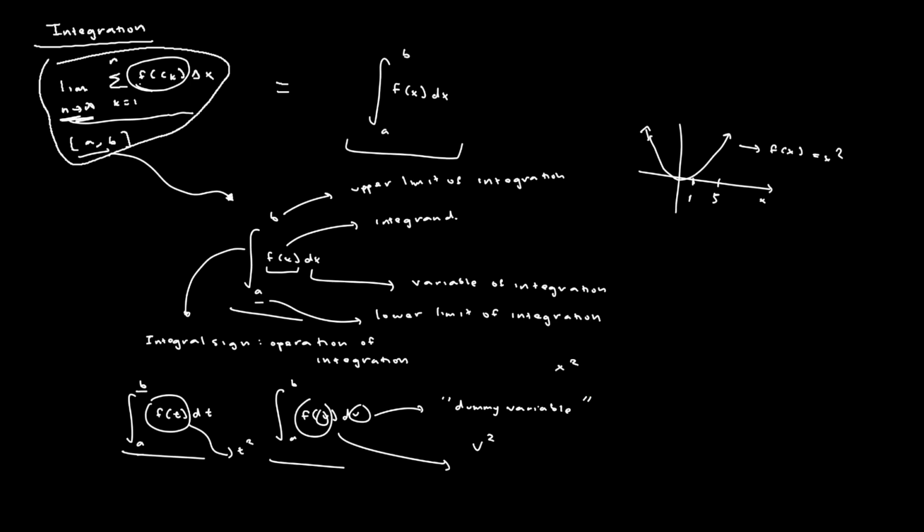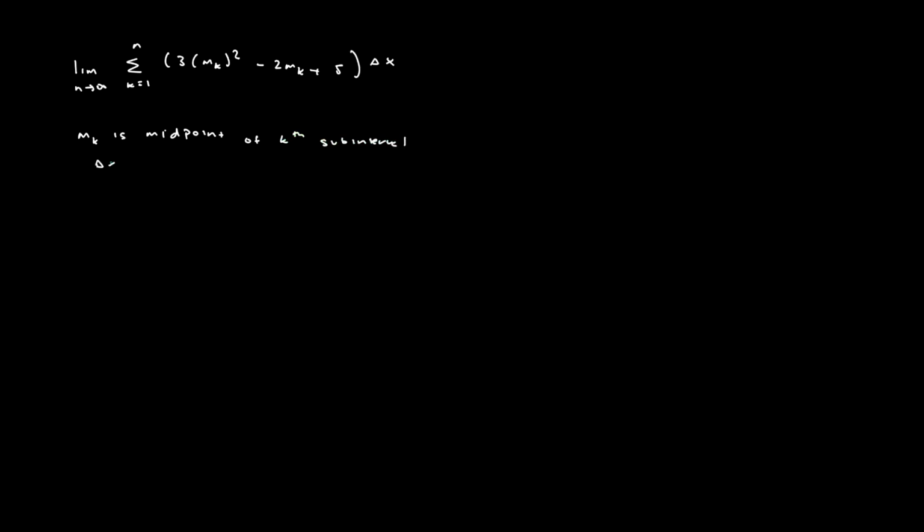So first, we have something written in the old form: the limit as n tends to infinity of the sum from k equals 1 to n of 3 mk squared minus 2 mk plus 5, times delta x. mk is the midpoint of the kth subinterval, and we're given that delta x is equal to 4 over n, and our interval is from -1 to 3.